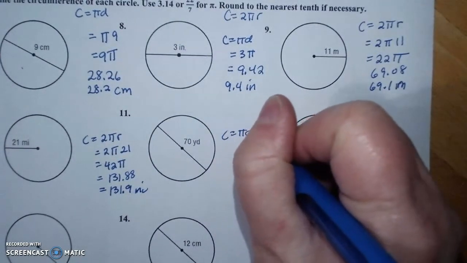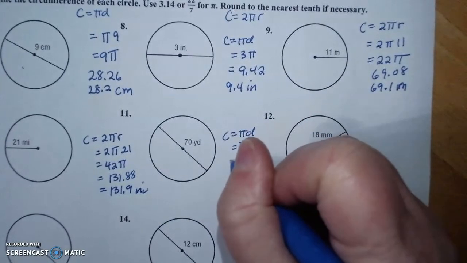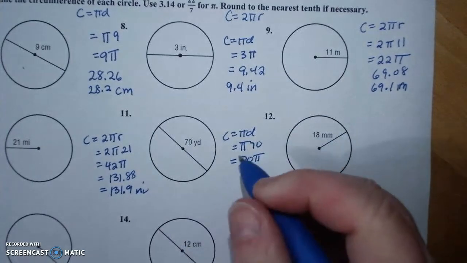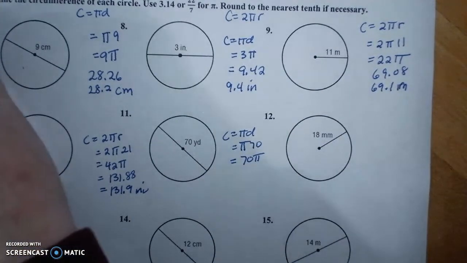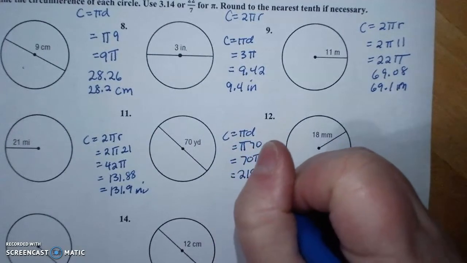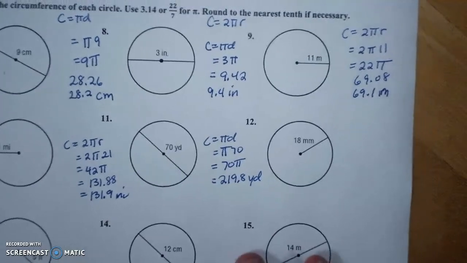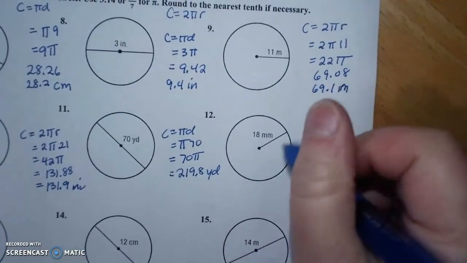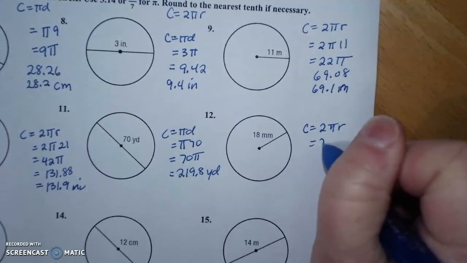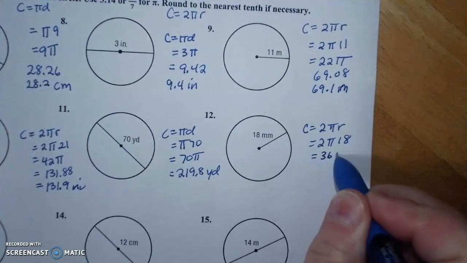C equals pi d equals pi times 70. To write it the way it would show up, the answer is 70 pi. 70 times 3.14 is 219.8 yards, and it's already only to the tenth. Circumference, C equals 2 pi r equals 2 pi, I'm showing you my substitution, equals 36 pi.